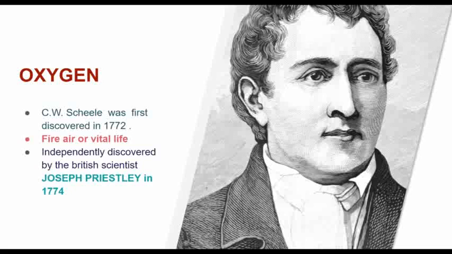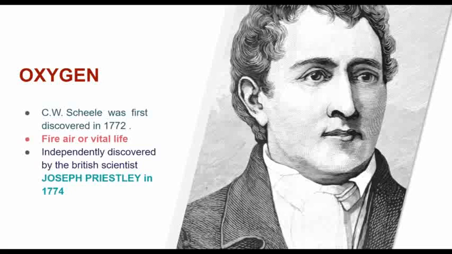It was independently discovered by the British scientist Joseph Priestley in 1774. Lavoisier named oxygen. The name oxygen comes from the Greek word oxygenes, which means acid producer. It is called so because early chemists thought that oxygen is necessary for all acids.